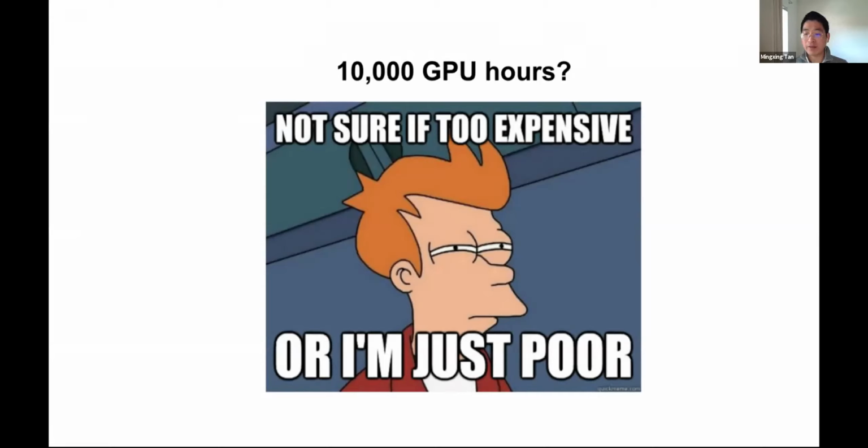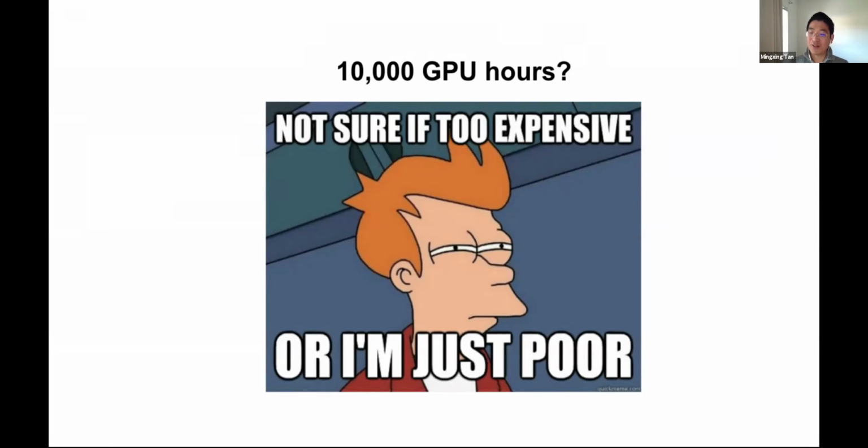Usually, they may require like 10,000 GPU hours. For some cases, it might be acceptable, but for some people or some cases, it might be too expensive, right? You may worry, is it too expensive or am I just too poor? I don't have enough GPUs, right?